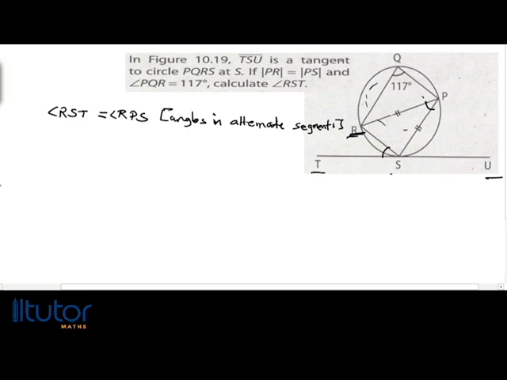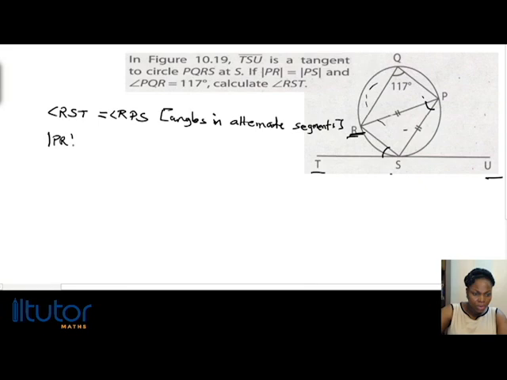Alright, so to find angle RPS, it's been given to us that line PR is equal to line PS, and that is for triangle RPS.